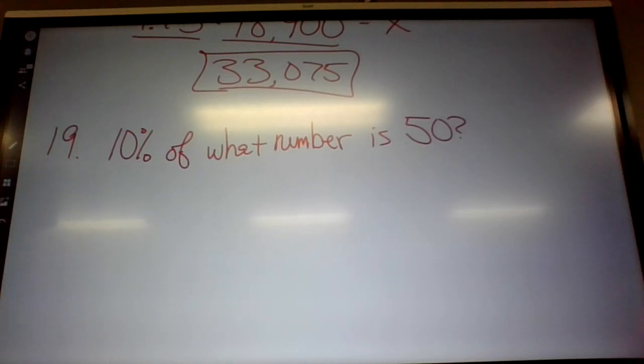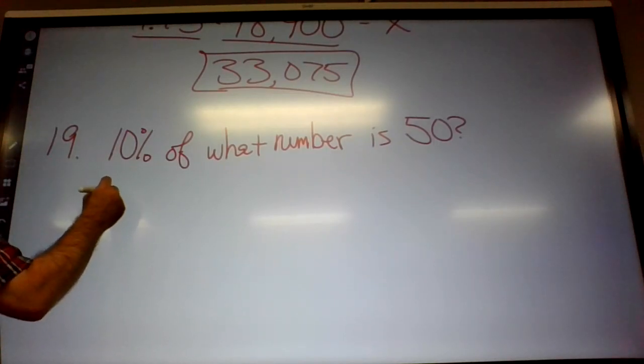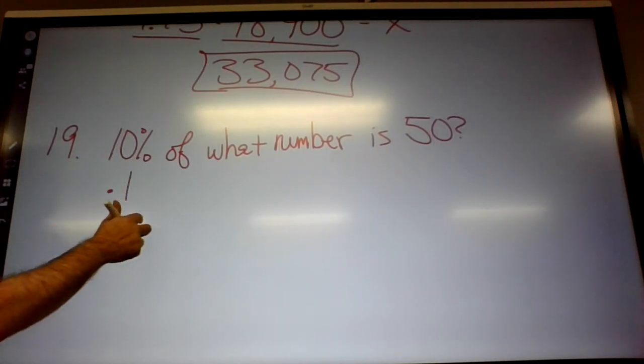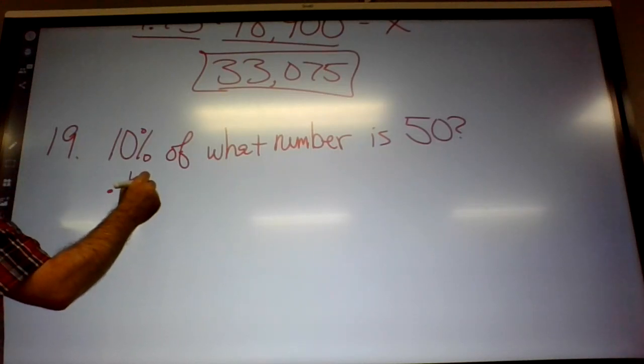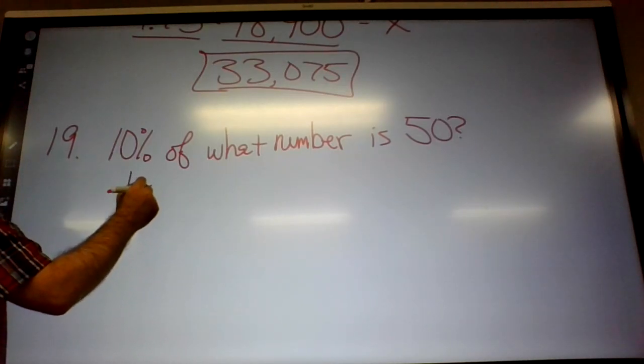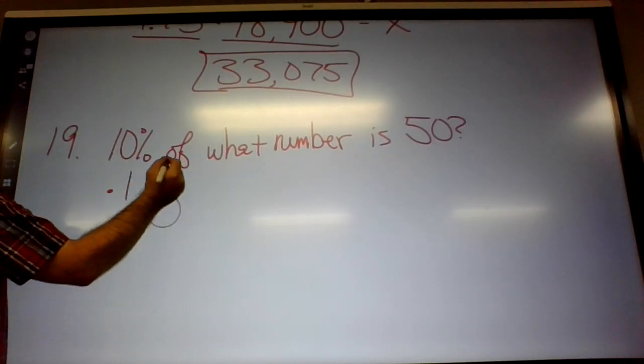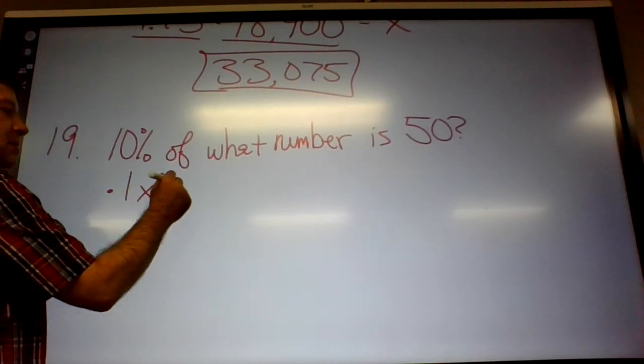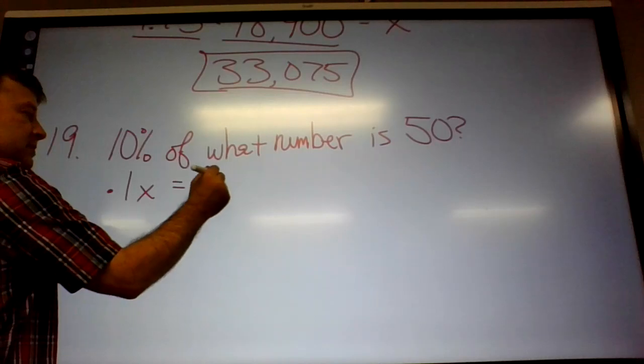All right. Let's see. Hallie, what's 10% turn into? 0.1 or 0.10, that's fine. Of what number? Okay, yeah. 0.1 times x, or just 0.1x, equals 50.